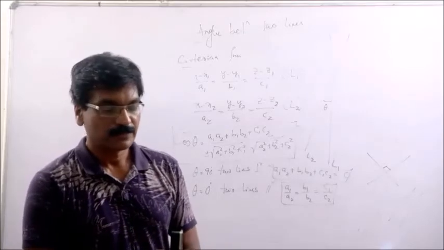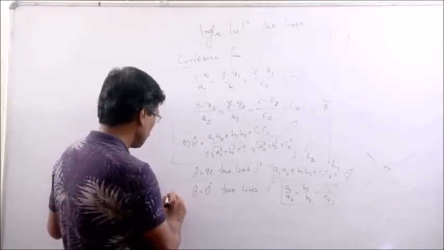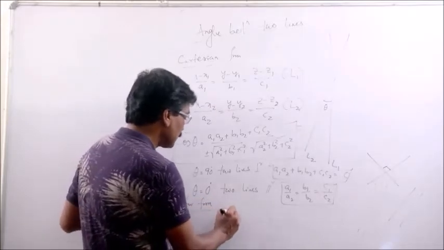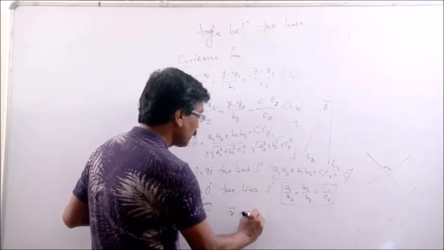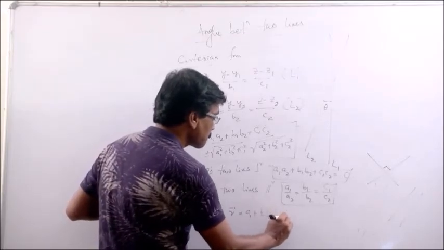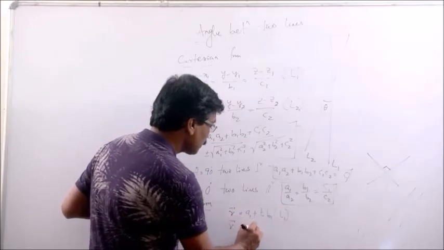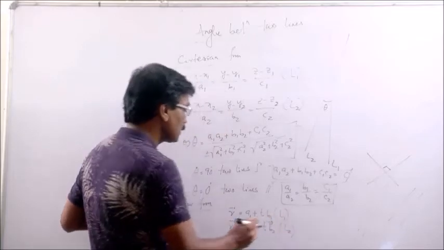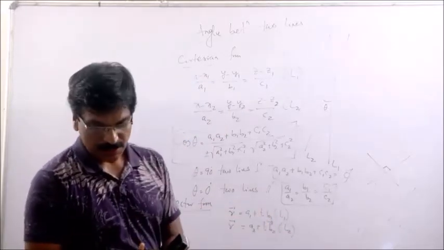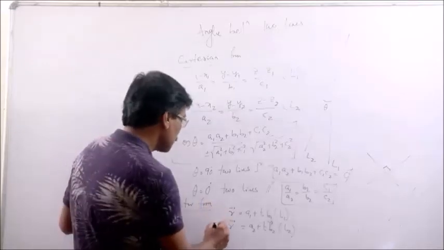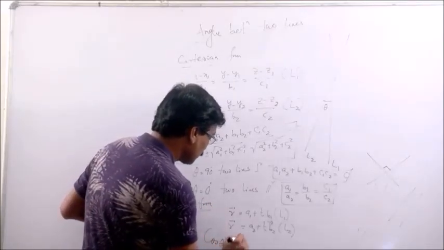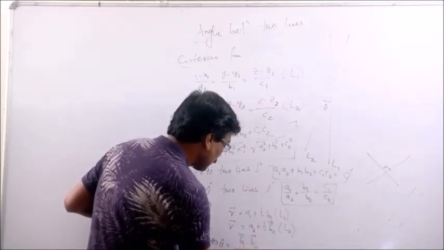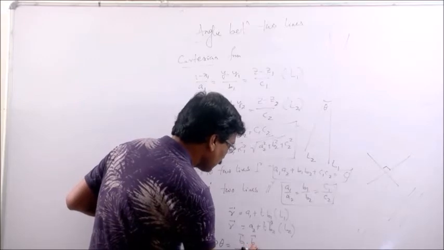Now we can have the vector form also. In vector form the two lines are represented by r vector is equal to A1 plus t times B1, and r vector is equal to A2 plus t times B2. So these are two lines in vector form, and the angle between them is cos theta is equal to B1 dot B2 divided by magnitude of B1 into magnitude of B2.